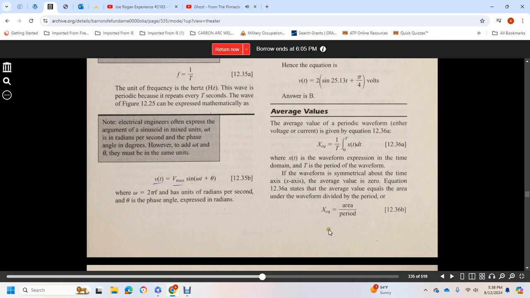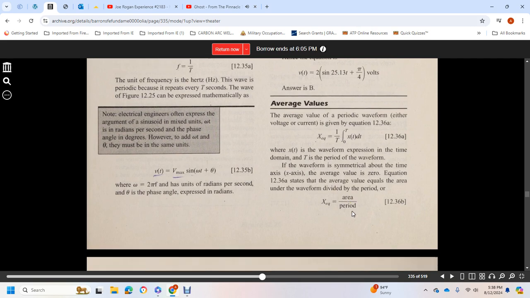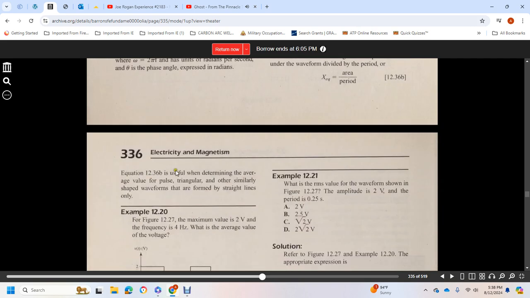If the waveform is symmetrical about the time axis, the average value is 0. Equation 12.6a states the average value equals the area under the waveform divided by the period, so the average of a periodic waveform is the area over the period. Equation 12.6b is used to determine the average value of pulse, triangular, and other similarly shaped waves formed by straight lines only.